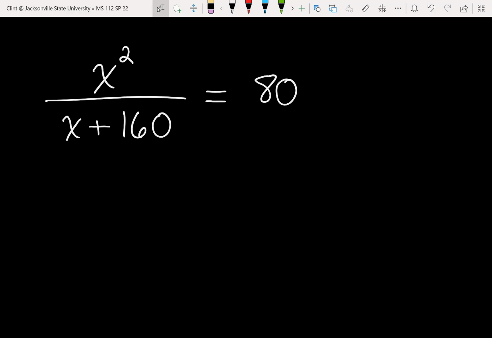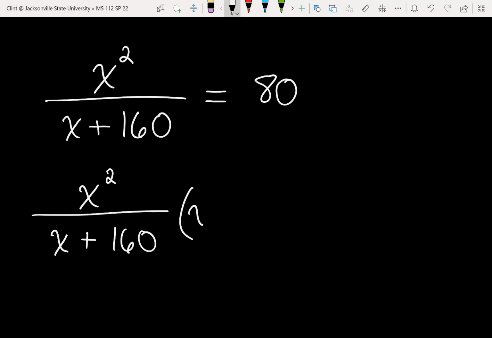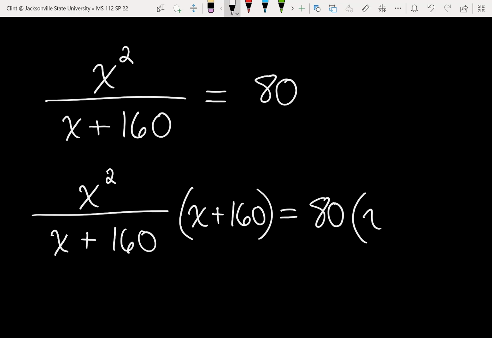You could also think of we're really doing the same thing as if we're cross multiplying on this one. You can still think about it as we're multiplying both sides by the LCD. So on the left side, x plus 160, x plus 160, that cancels.